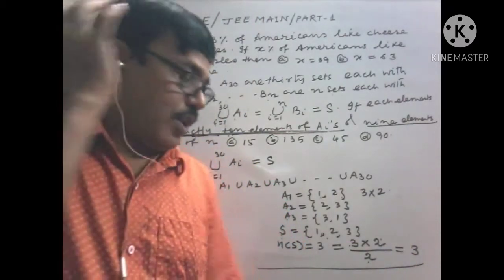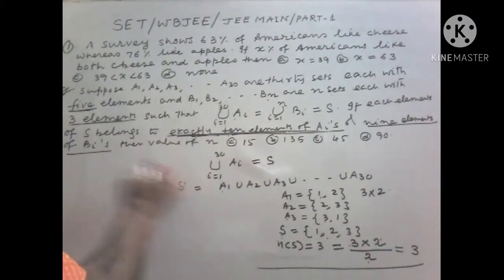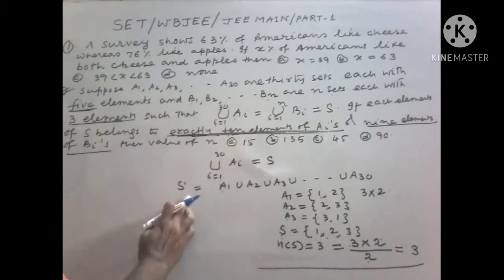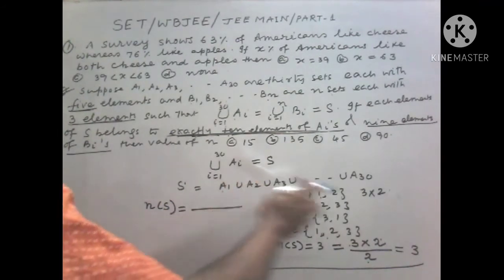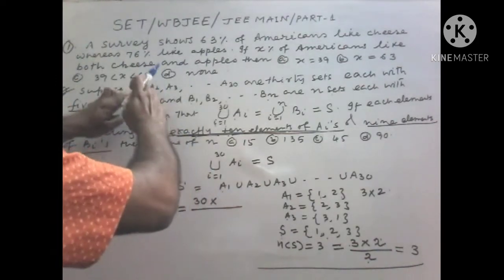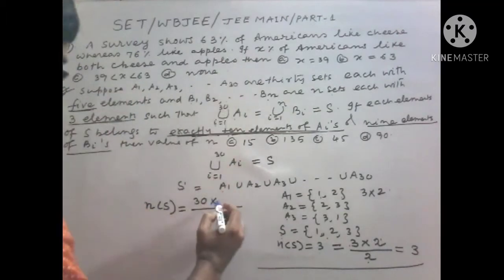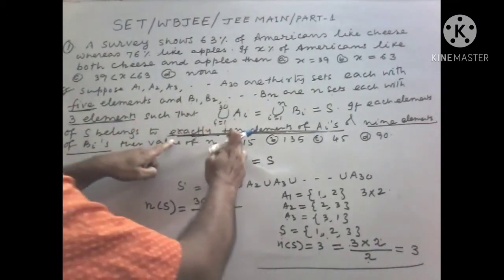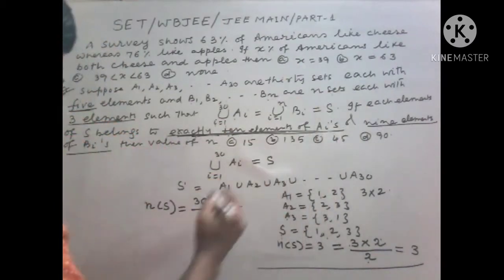So listen, for our original problem, S equals this. So what will be n(S)? Number of sets is 30, number of elements in each Ai is 5, and each element of S belongs to exactly 10 sets, so divide by 10.